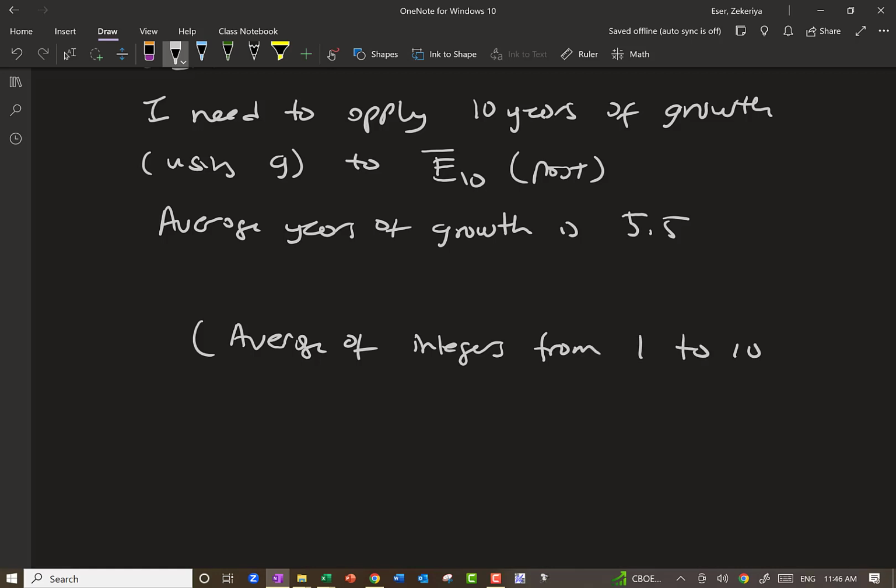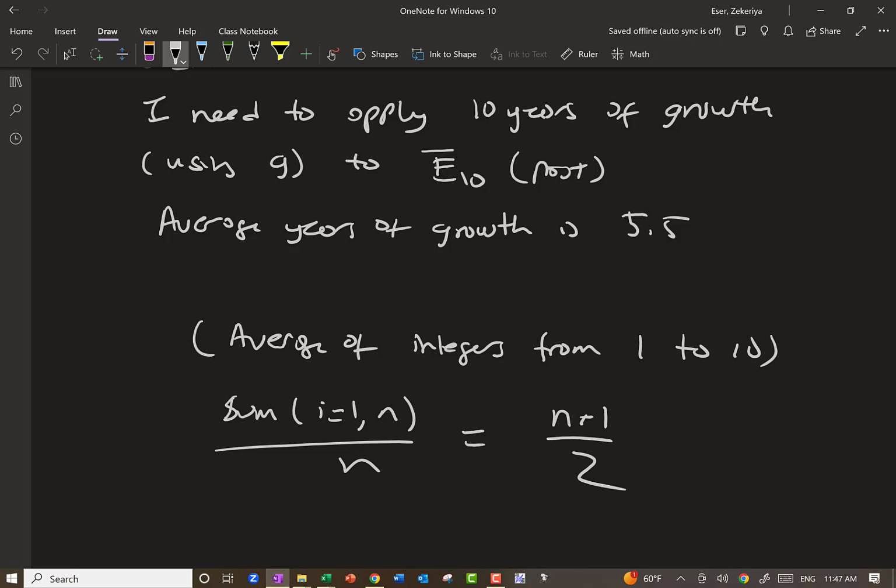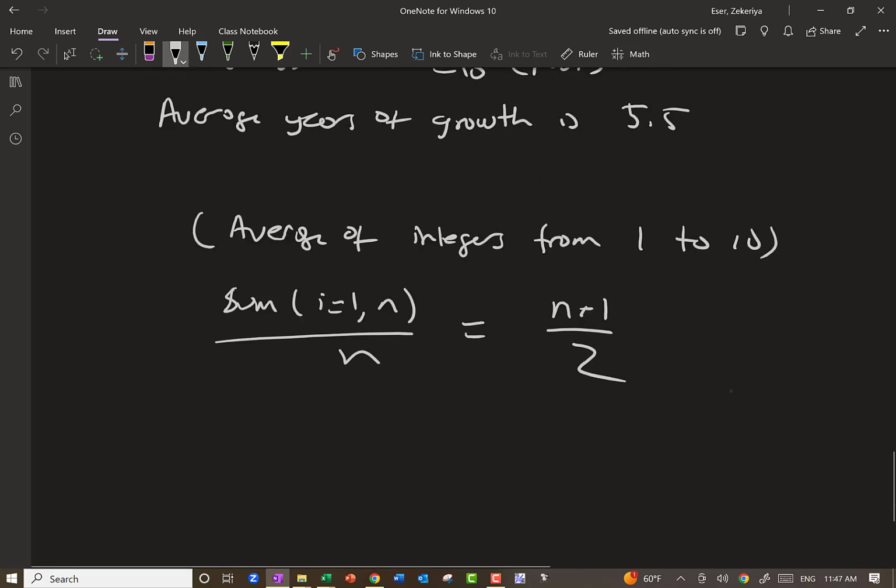By the way, in general, the sum of i from 1 to n divided by n is equal to (n plus 1) over 2. That is a formula that was actually developed by Gauss when he was in second grade, 8 years old.